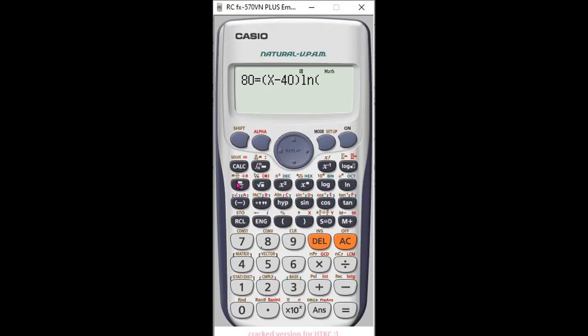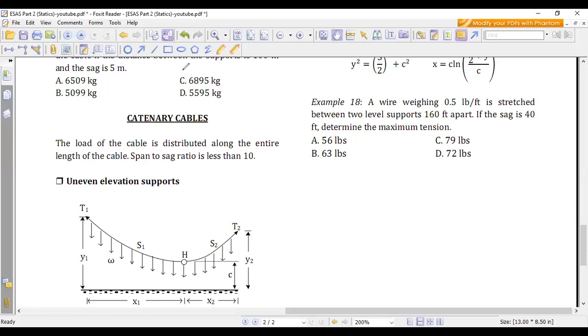Ln of. So s over 2 is the square root of y square minus, okay, the formulas are gone.